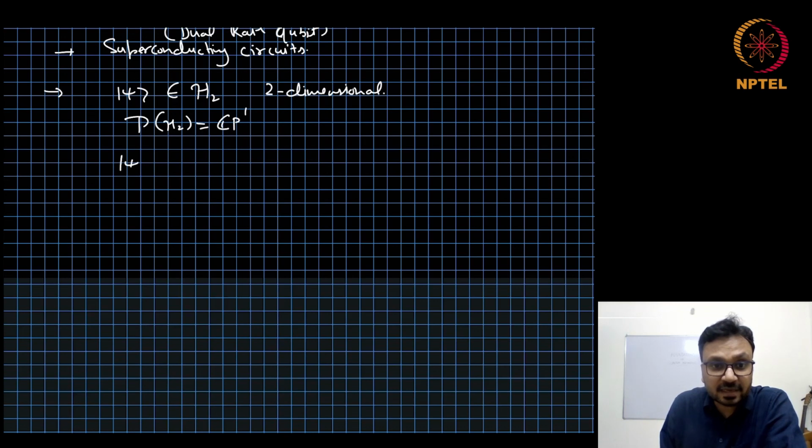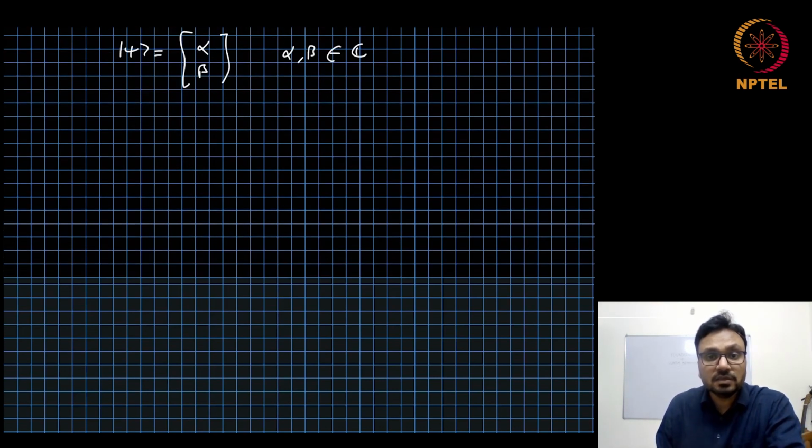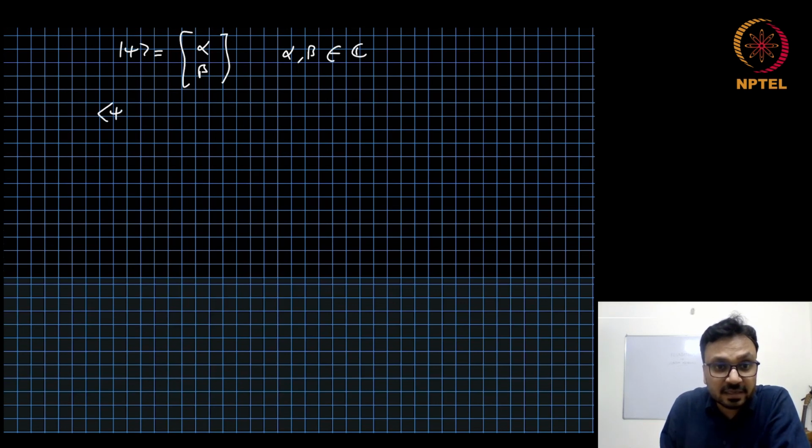A state psi in matrix form will be a two-dimensional vector, alpha and beta, where alpha and beta are both complex numbers. The state psi should be normalized, so the inner product of psi with psi should be 1. That comes out to be |alpha|^2 + |beta|^2 = 1. That's the normalization condition.